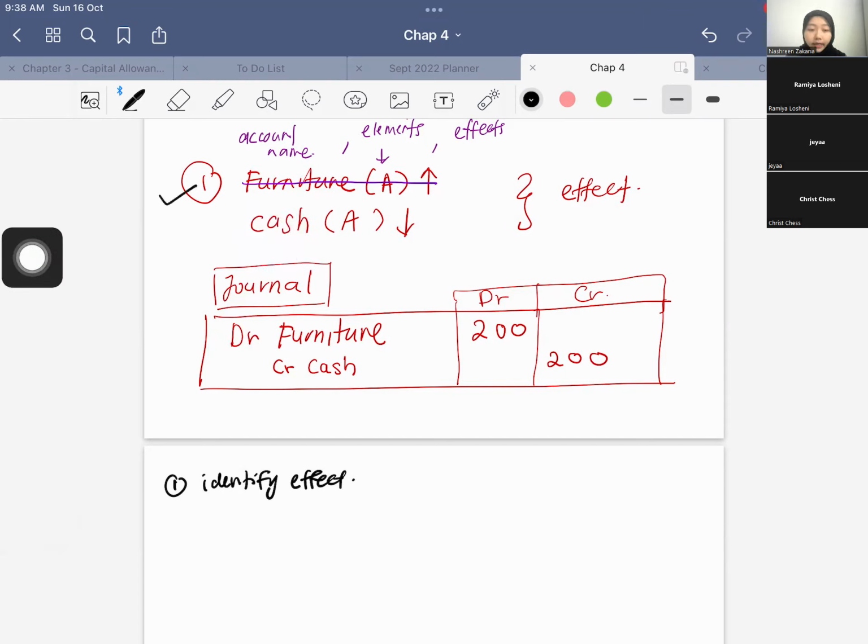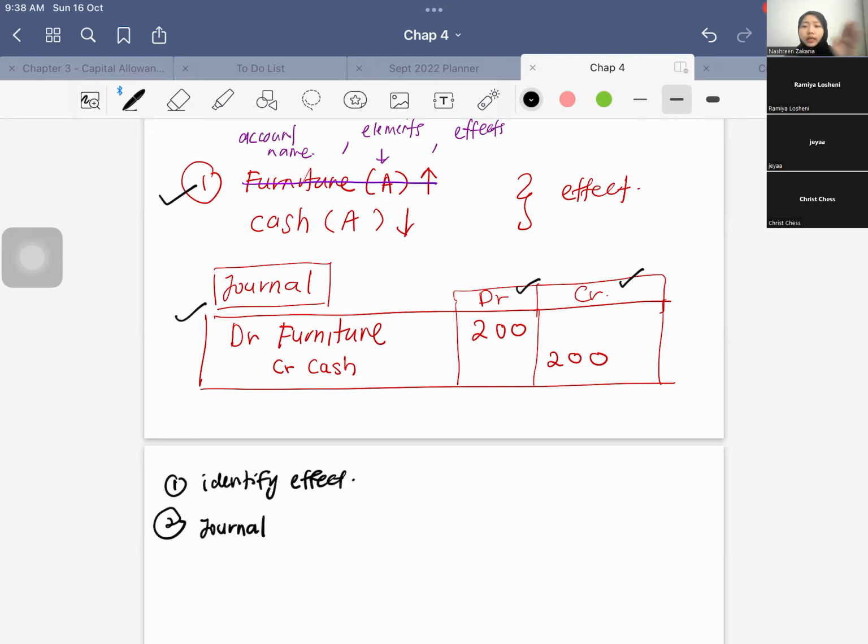Identify effect, done. And then from the effect, you have to record it in our journal. Right, this is the journal, debit and credit. The journal needs to have debit and credit. Don't confuse journal and ledger.